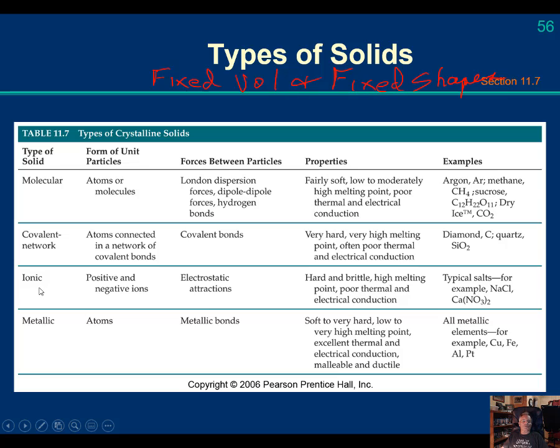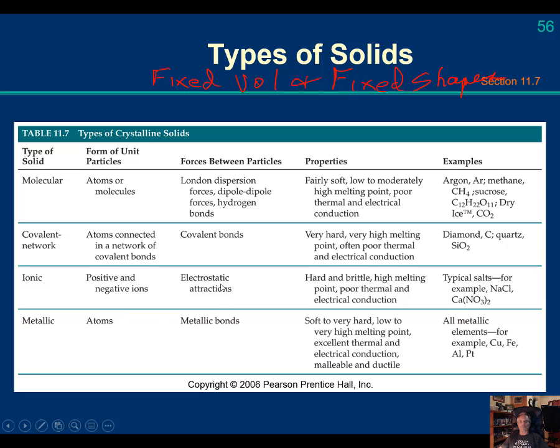And then we're going to spend a lot of time on ionic solids. If you remember, these are crystalline structures. They have an ordered array that's extended throughout the bulk of the solid. It's cations and anions that are attracted to each other by that positive negative attraction.